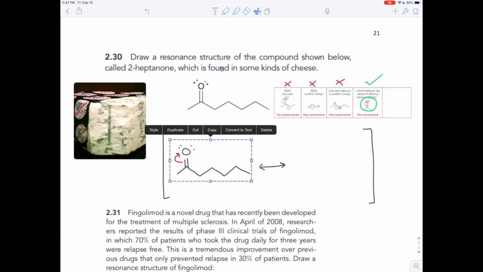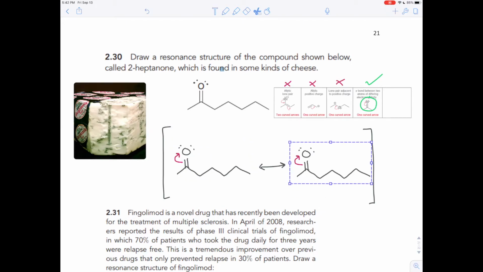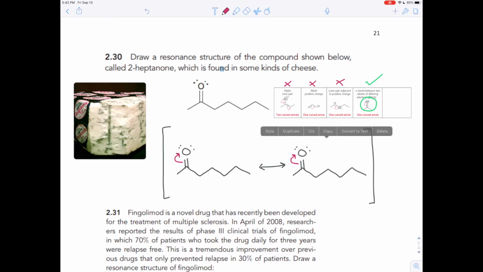So you would take that structure, redraw it as it is, but anywhere where there is the tail of a curved arrow, those are electrons that are moving away from there, so you erase those. And anywhere where there's the head of a curved arrow, those are electrons that are arriving there, so you draw them in. And if the head of a curved arrow is pointing at an atom, you draw them as a lone pair.